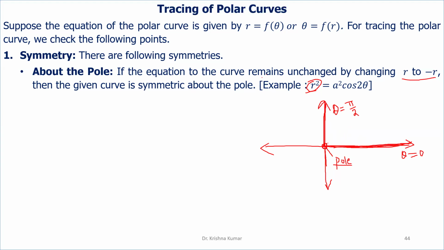The x-axis is called the initial line theta equal to 0, and the y-axis is called a line perpendicular to the initial line at the pole, or simply the line theta equal to pi by 2. So here we check three types of symmetry. The first symmetry is about the pole. The second symmetry is about the line theta equal to 0, and the third symmetry is about the line theta equal to pi by 2.